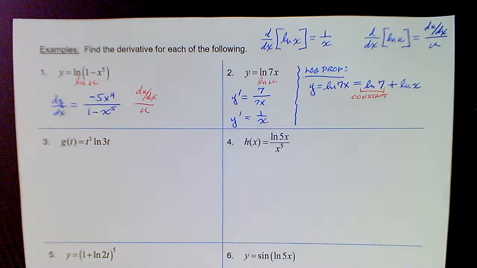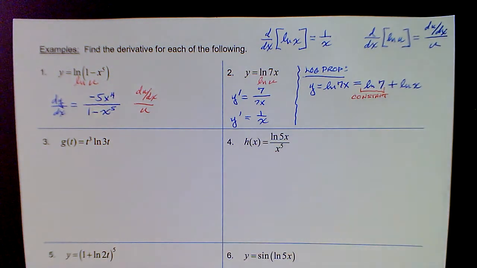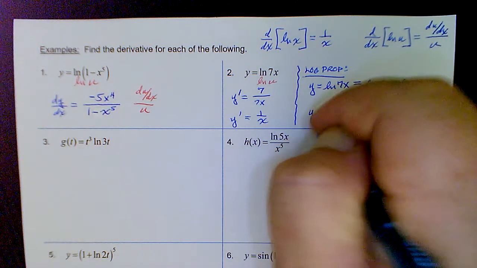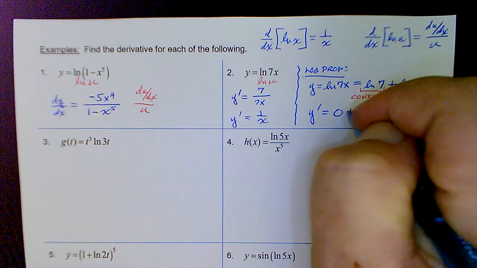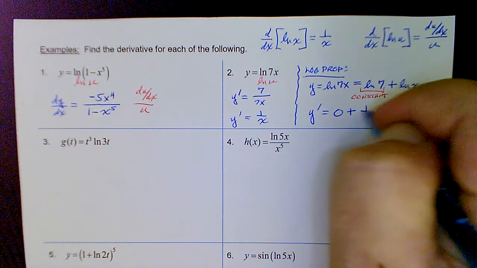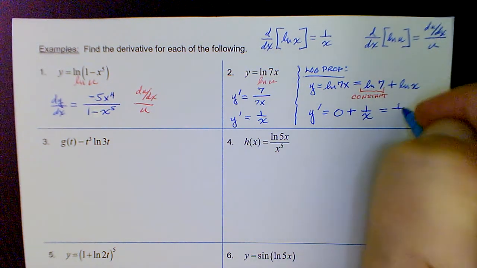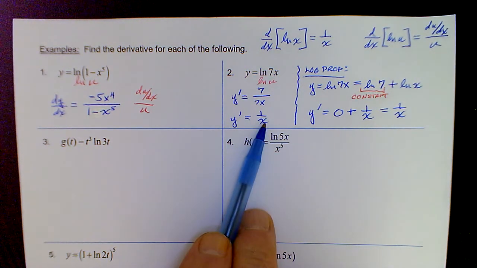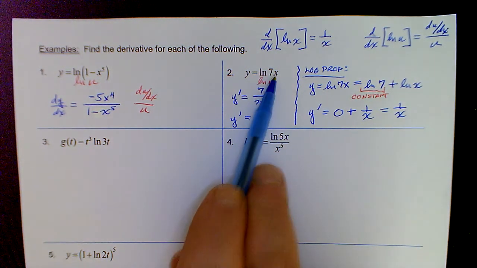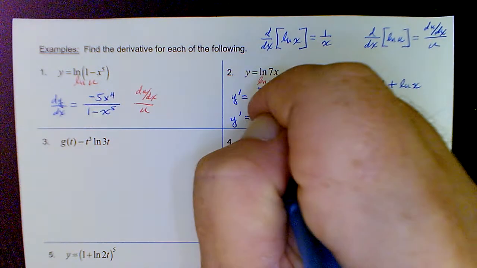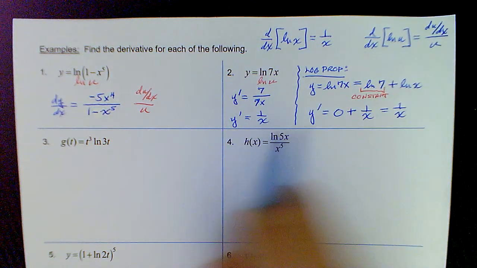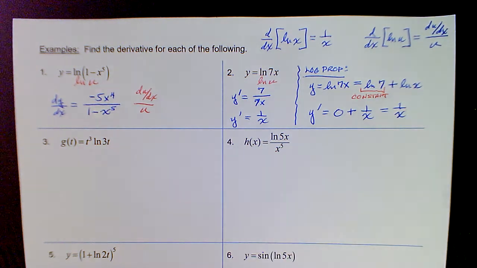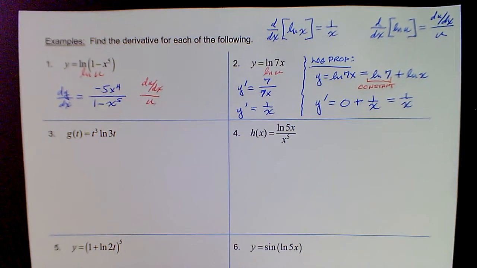Type it in on your calculator, you get some crazy decimal. And the derivative of a constant we know is 0. So therefore y prime would be 0 plus the derivative of the natural log of x, which is 1 over x, giving us 1 over x. So the same result. But you can see it's much easier just to think of it in terms of the natural log of u. So if the argument is linear, treat it that way, in terms of the natural log of u, no need to use the algebraic log properties, but we'll see cases in the future where log properties come in handy.